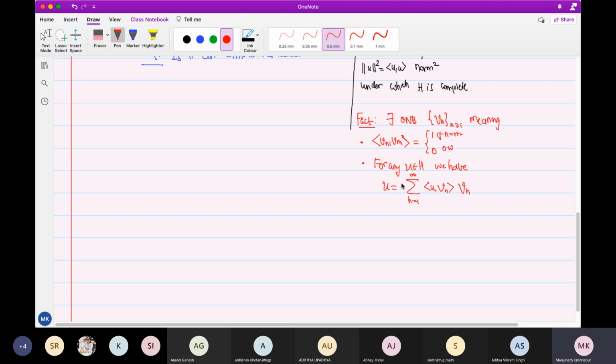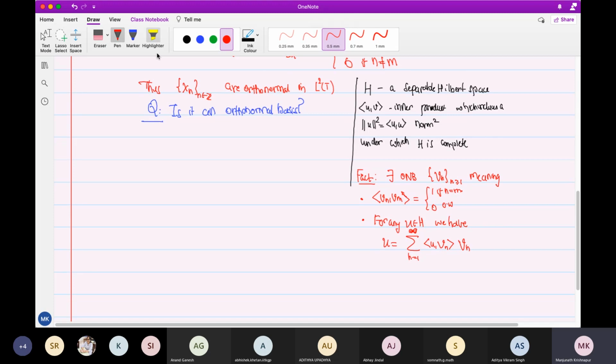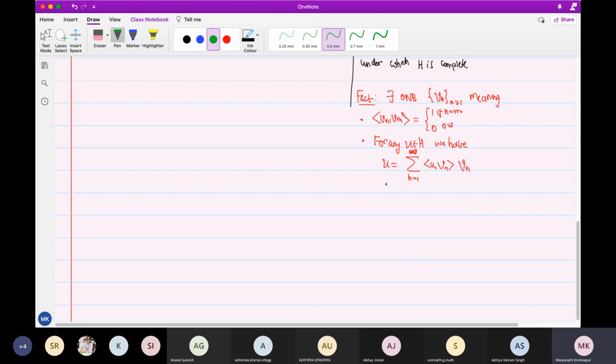So the meaning of this infinite series: in linear algebra, you can only add finitely many vectors, but since here we have a metric, we can add infinitely many. The meaning of this is nothing but taking partial sums.